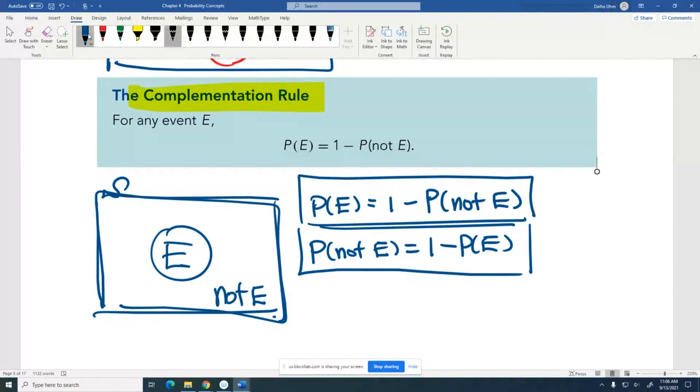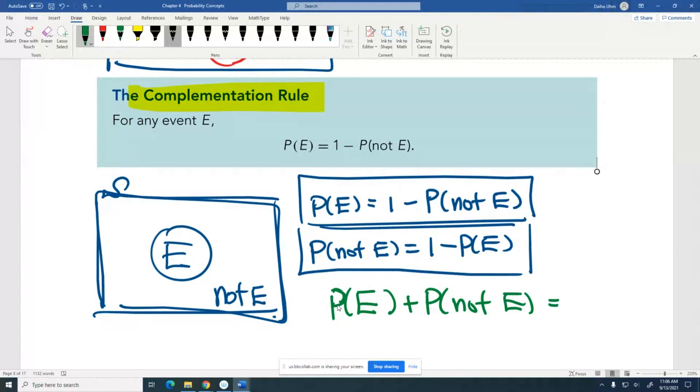Basically it comes from the idea of probability of E plus probability of not E. How much do you expect the sum of the two probabilities to be? It will be 100%.